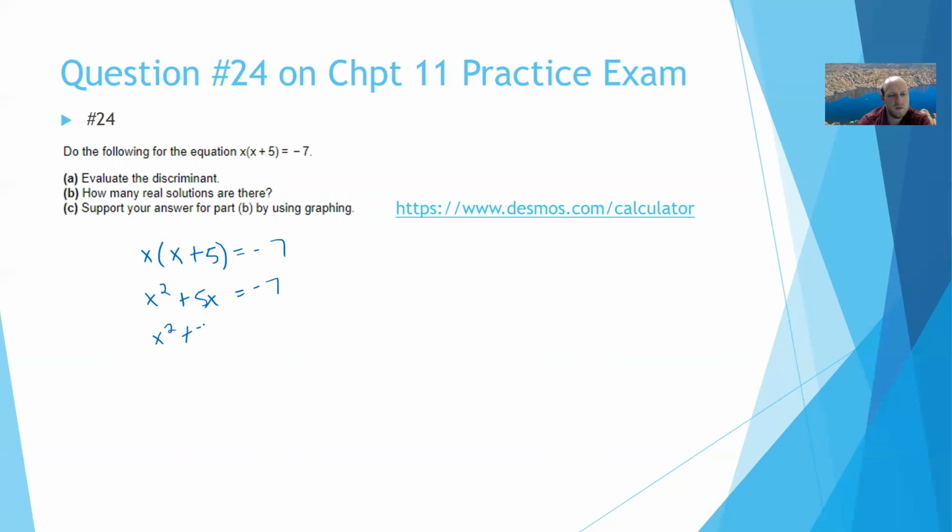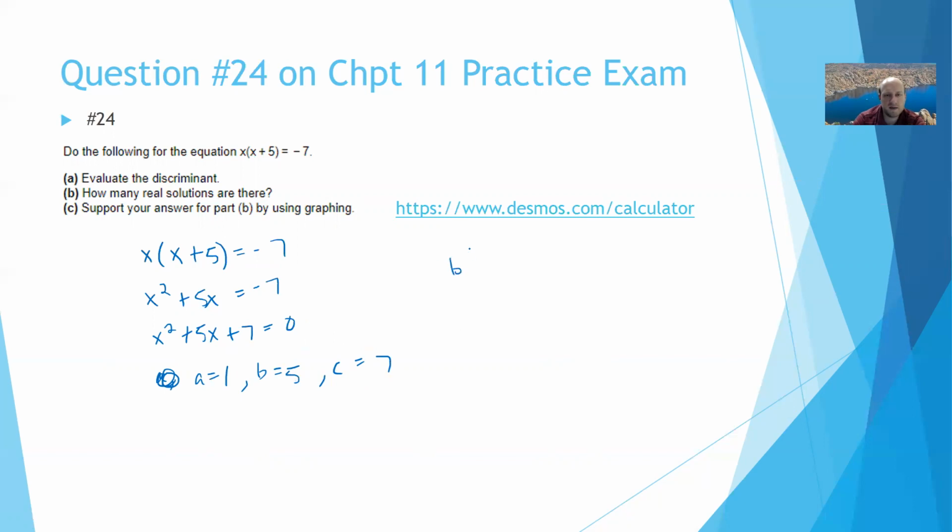Let me move the -7 over to be a +7 so that it looks like a quadratic equation. Now we have to identify A and B, and I'll identify C as well, because we're pretending we're doing the quadratic formula, but we're just finding the discriminant. A is equal to 1, B is equal to 5, C is equal to 7.